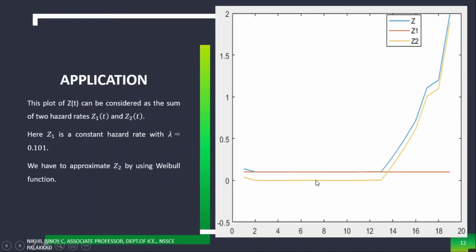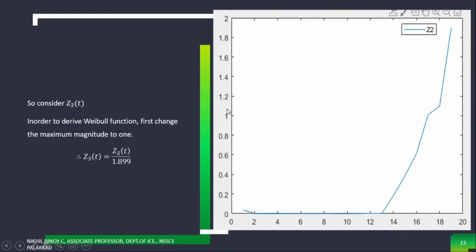So we have to find Z2, we have to approximate Z2, because Z is equal to 0.101 plus Z2. So we are going to represent Z2 by using a Weibull model. So how to do that? I am going to select this orange colored one alone. So take Z2.